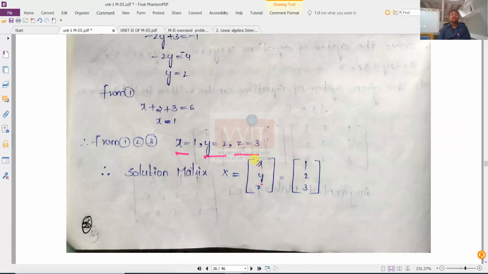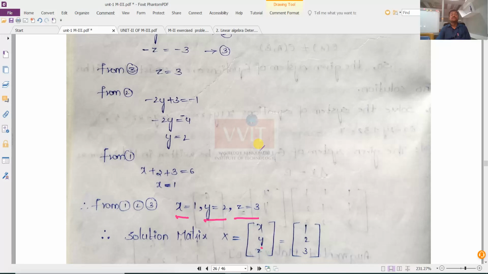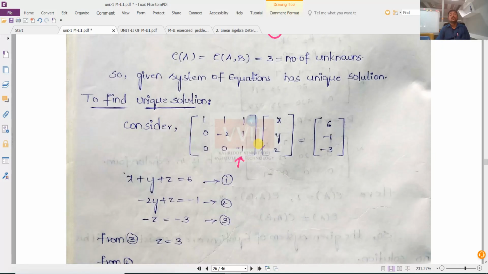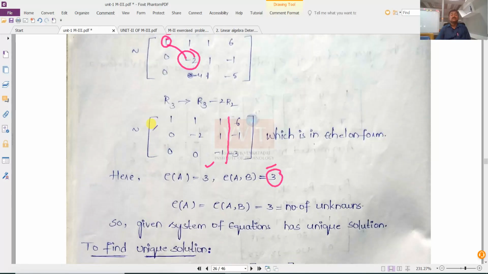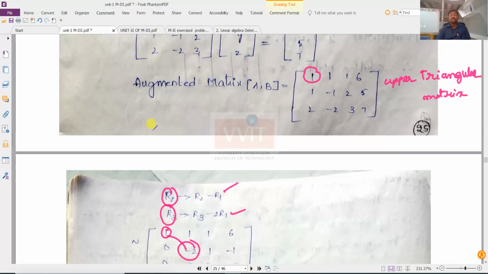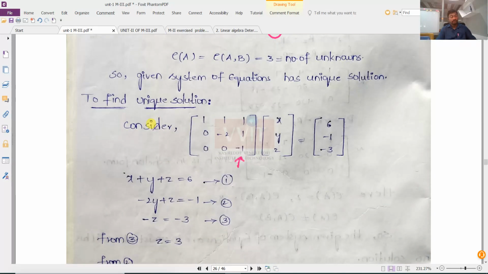What is the guarantee that we did it right or wrong? Simply substitute the solution in any one of the given equations, and you get the same solution. I mean, the solution gets satisfied here. So if I substitute the solutions in any equation, we get 0.